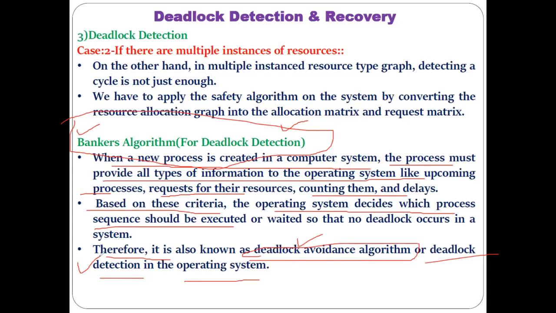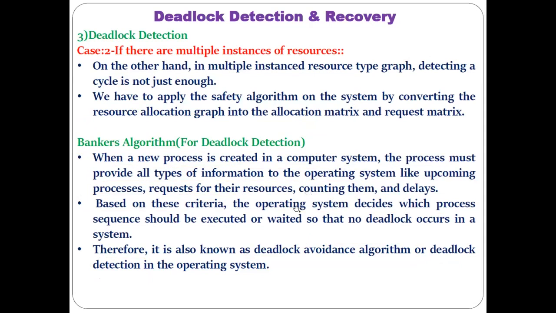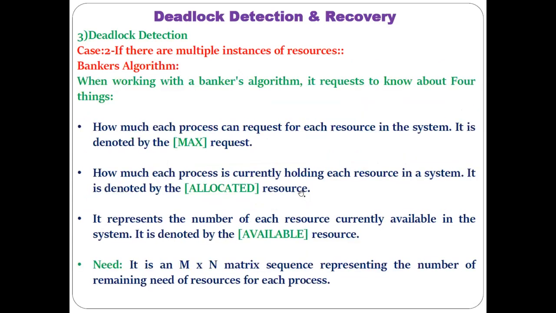And if this algorithm tells us your system will remain in the unsafe state, then it simply means that the deadlock detection has been done. So that is the reason the Banker's algorithm is also referred to as a deadlock detection algorithm in the operating system. Understood?